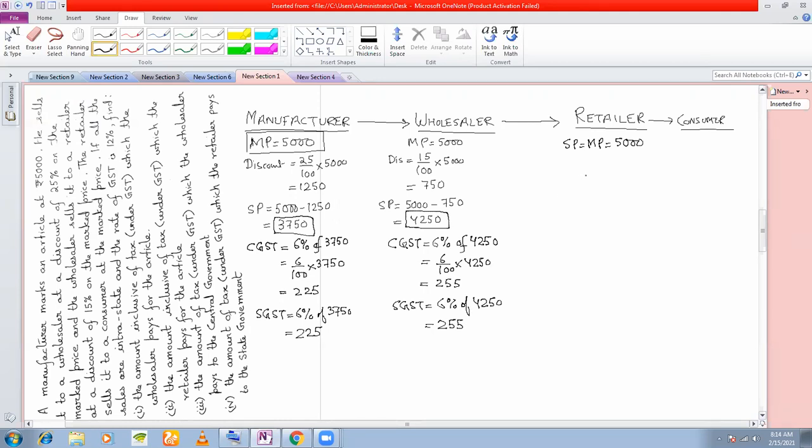Now we come to the retailer. For the retailer, the selling price is 5,000. We calculate his CGST. CGST here is again 6% of 5,000, his selling price. So 6% of 5,000 comes out to be 300 rupees.